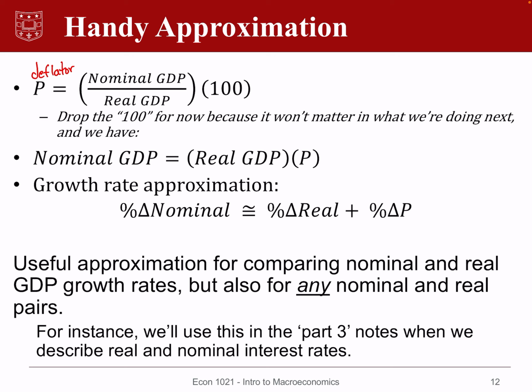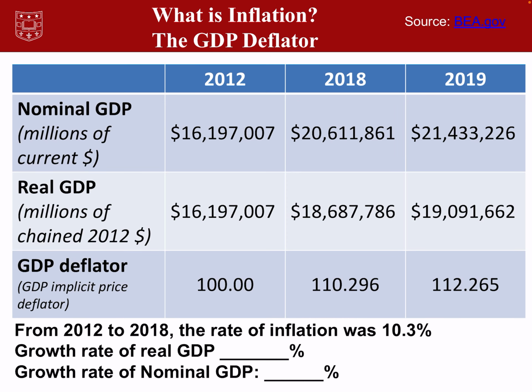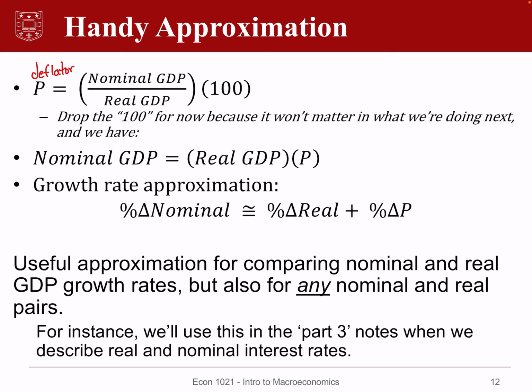If we did that, then we could rewrite this relationship. We could say nominal GDP is real GDP times the average price level.